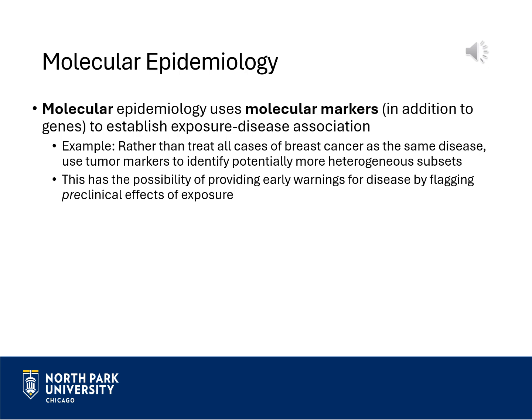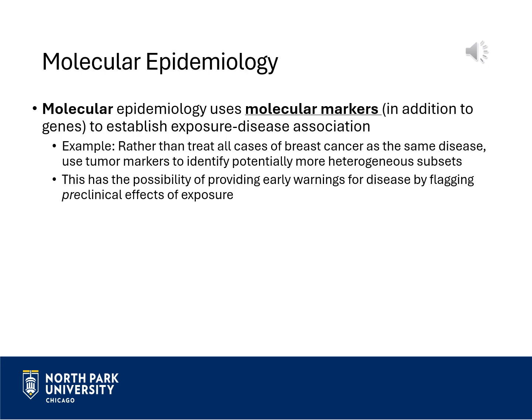One thing that is developing, we're switching a little bit from genetic epidemiology to molecular epidemiology. Molecular epidemiology is looking at even a smaller part of a gene, and that's the molecular marker to establish the association between an exposure and a disease.